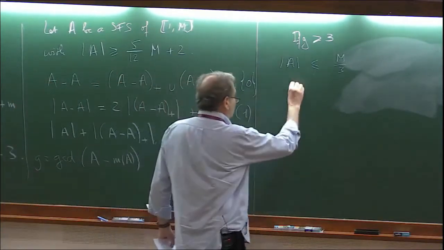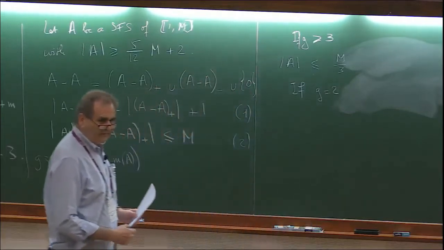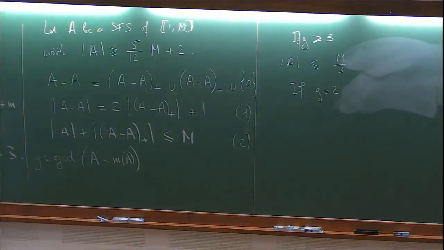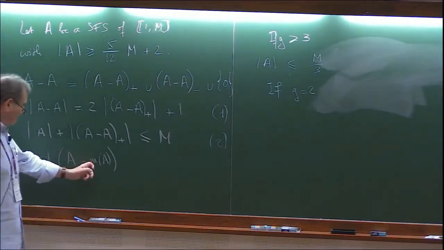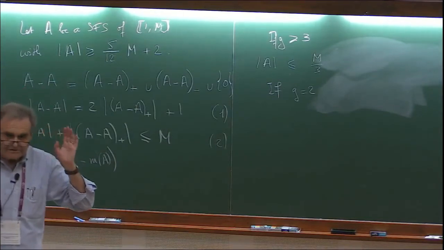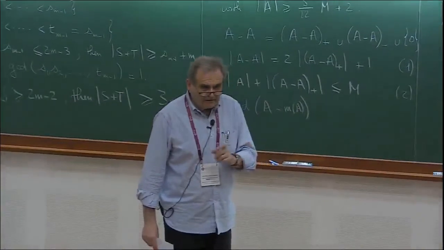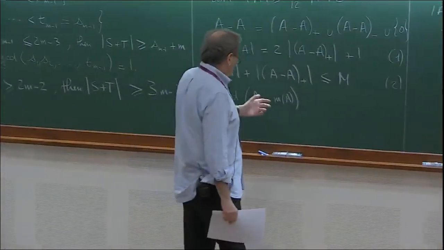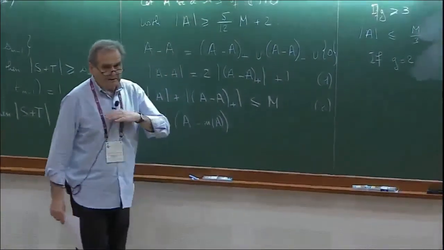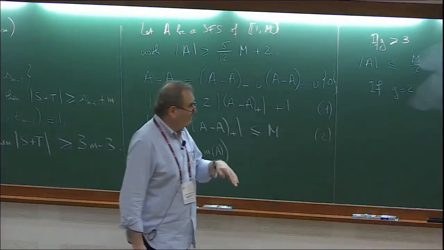Good. If G is equal to 2, then since you have 0 in it, if the GCD is equal to 0, you don't care whether you have 0 or not, because you don't know whether the minimum of A is even or odd. You have no information about that. But you don't care. If the GCD of all these elements is 2, then it means that either all of them are even or all of them are odd. If all the elements are odd, then you are happy.